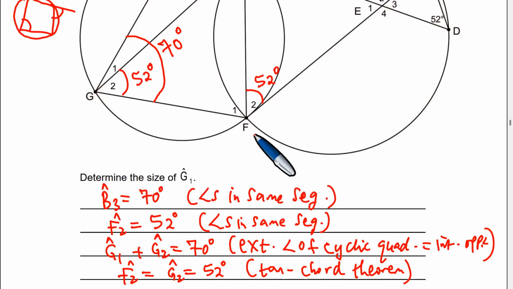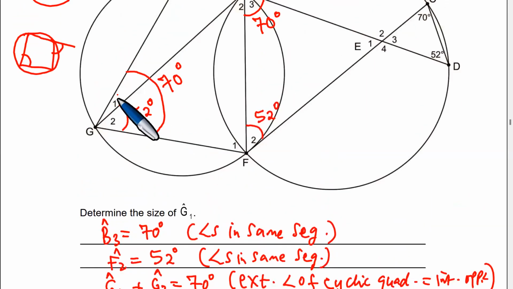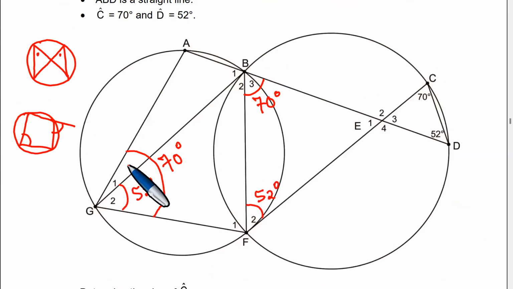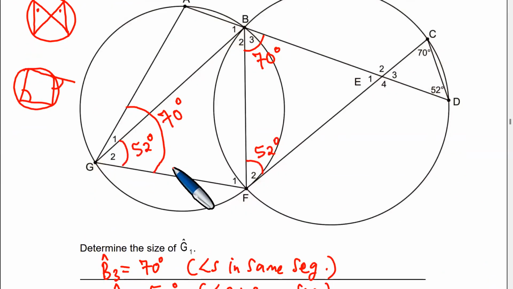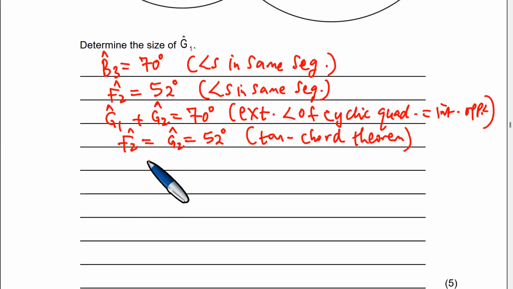And therefore, we can see clearly that we just need a little bit here, a portion, that when added to this gives 70. It means it is 18, because 18 plus 52 is 70. So G1 is 18 degrees.